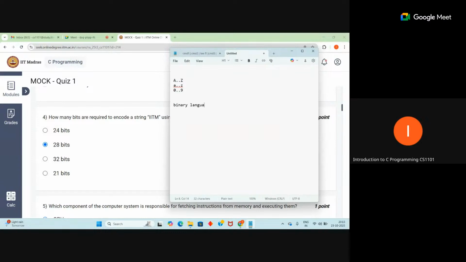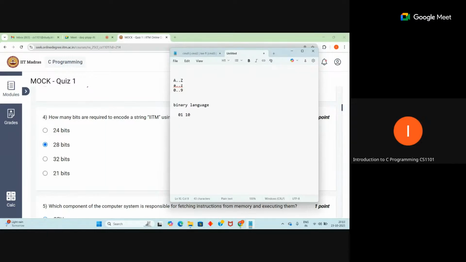So it will be in the form of ones and zeros. Whatever you want to say, such as add these two values, you have to give that instruction also in the form of ones and zeros to the computer.